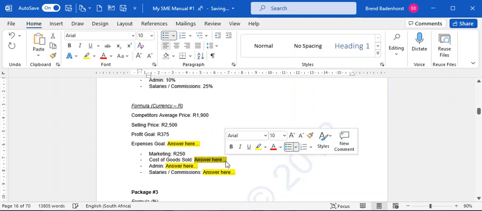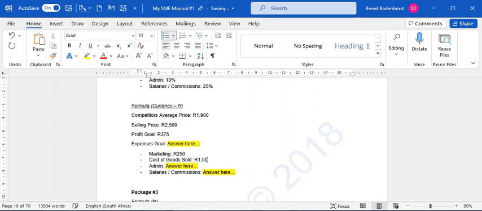That now becomes 40% and not the 50% for the limited shoes, which is my first package. The administration is also 250 Rand. My salaries and commissions, 25% of 2,500 is 625 Rand.